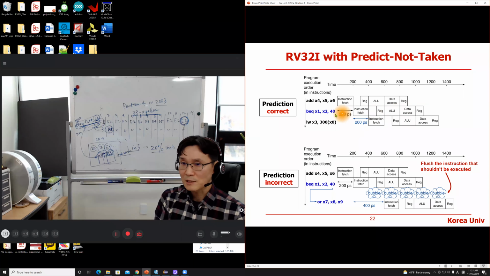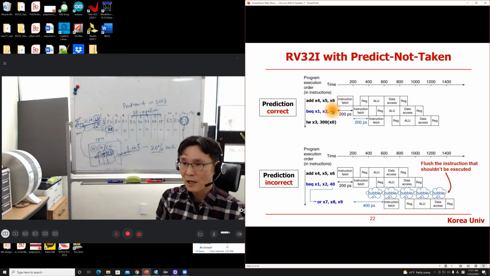Regardless of the branch outcome, taken or not taken, our CPU always reads the next instruction, the PC plus 4 location. So it behaves like a not-taken branch predictor. I don't care about this branch outcome; I'm going to read the next instruction all the time.